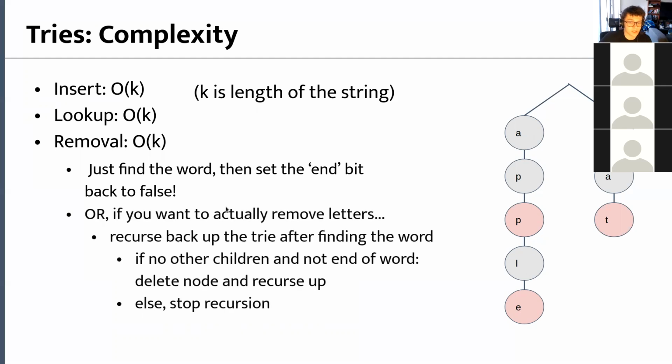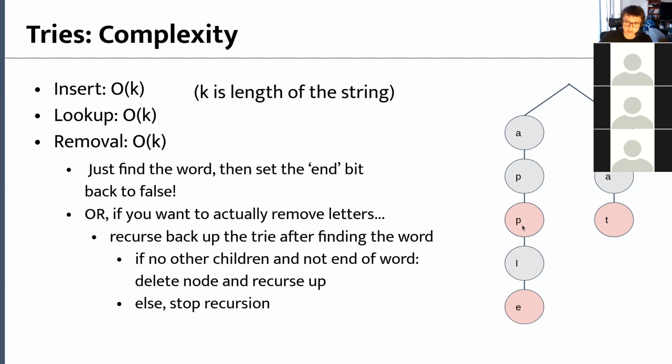So the other way you could do it, if you actually want to remove letters, is you could recurse back up the trie after you found the word, and if there's no other children and it's not the end of the word for each given node, starting with the E, we would delete the E, then we'd go back up to the L, and we'd say, if there are no other children and it's not the end of the word, we can delete the node and recurse up. So L has no other children besides E, and L is not the end of the word, so we can delete it, and we can move back up.